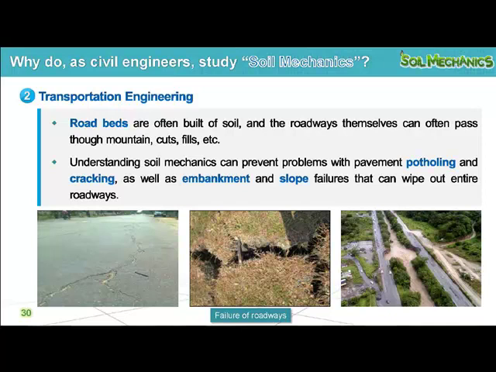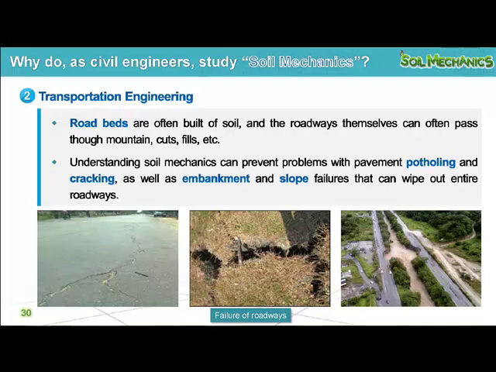This can happen in the rainy season. Also during the dry season, that swelling soil can shrink, because shrinking means its volume will decrease, like so in the picture.